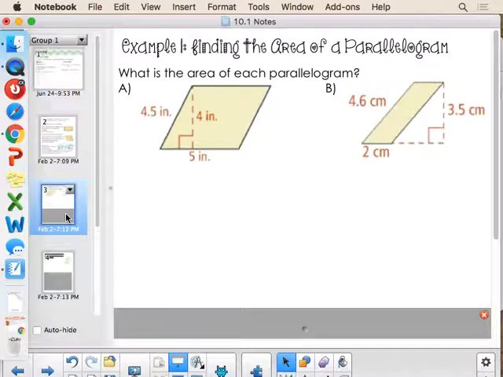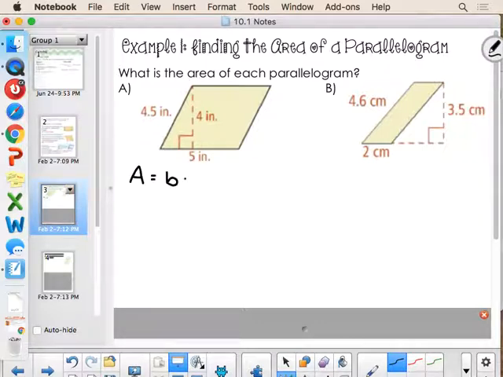What are the areas of each of these parallelograms? So let's look at question A. We got to do base times height, right? Which base would you like to use? Which base? 5. Okay, so we're going to use 5 as our base. And what are we going to use as our height?